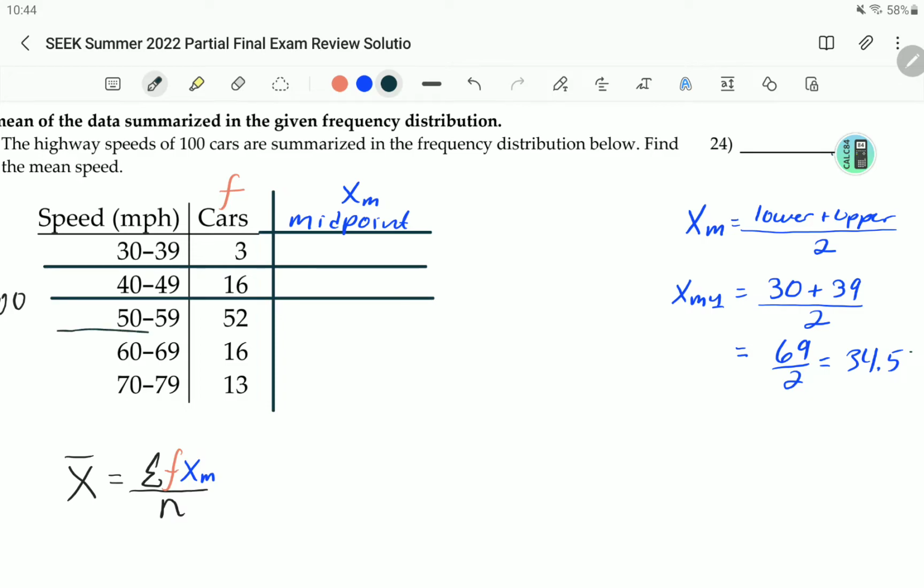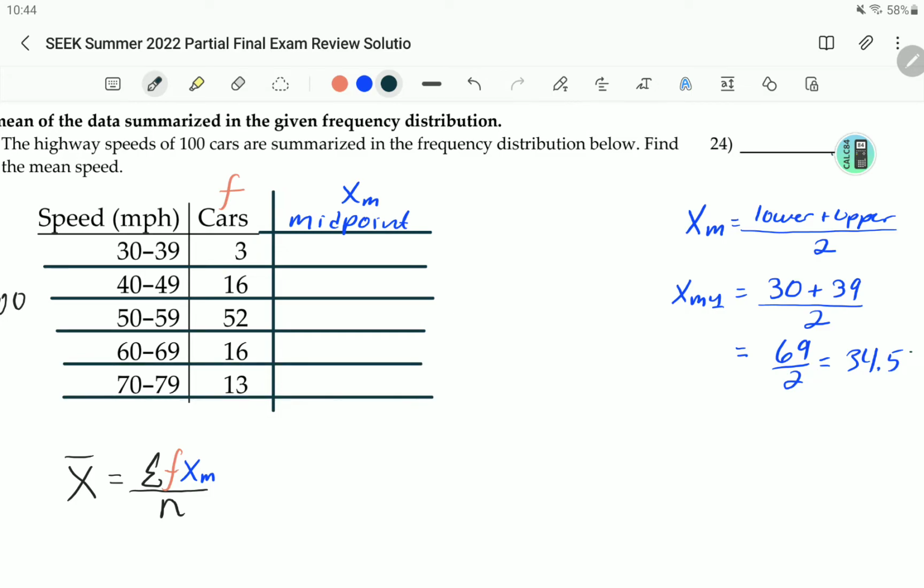Let me just add my rows to my table. Let's find the next midpoint. 40 plus 49 divided by 2. 89 divided by 2 is 44.5.